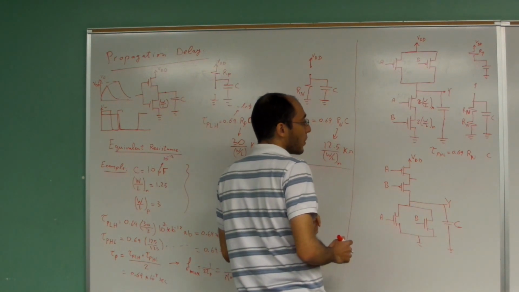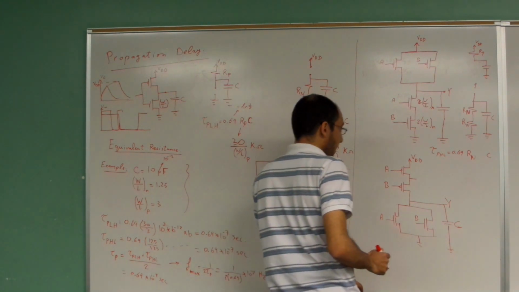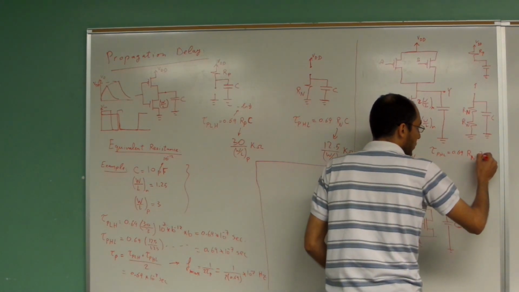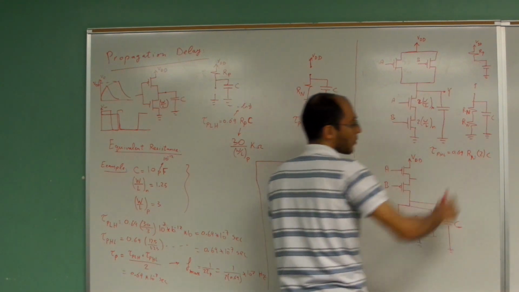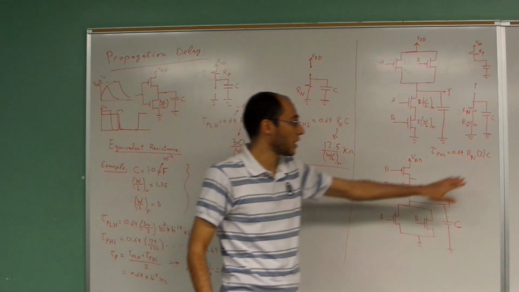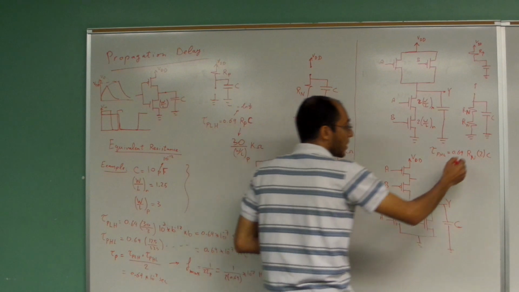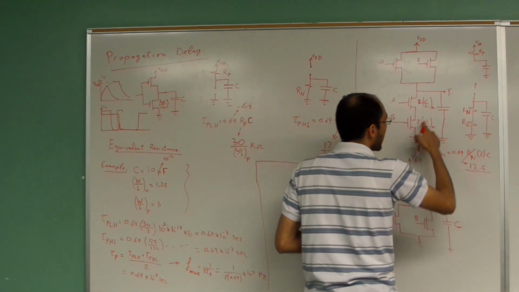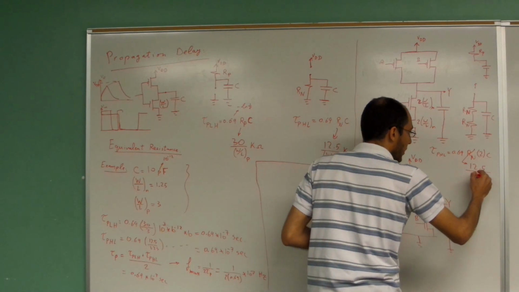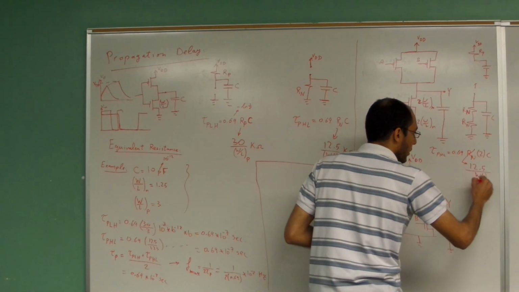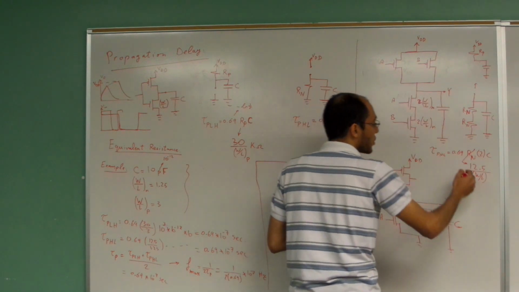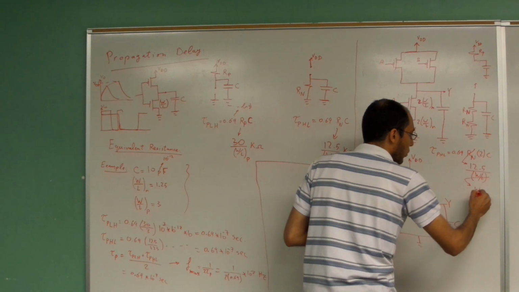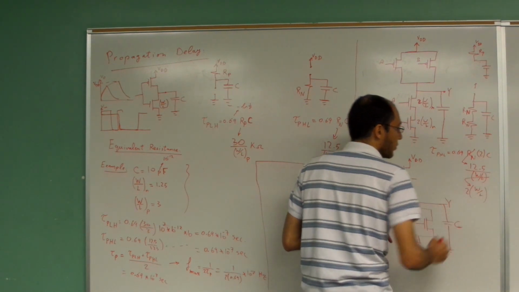So, what is the formula that you're going to use? You could say, I'm going to use the same Rn, and I'm going to multiply by 2. So do not omit the 2. But when you replace Rn, you replace it by 12.5 over W over L of this transistor, which is equal to W over L multiplied by 2.